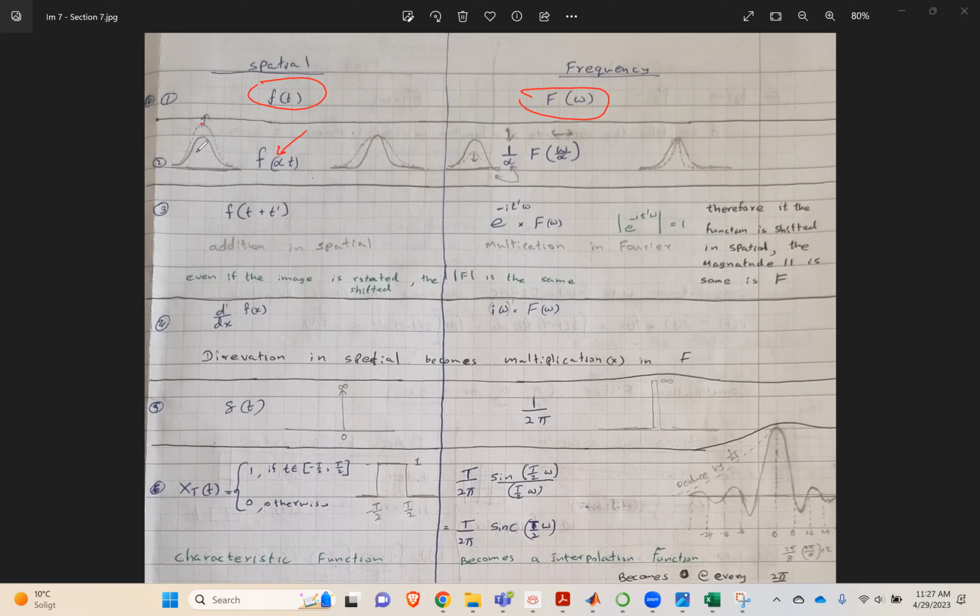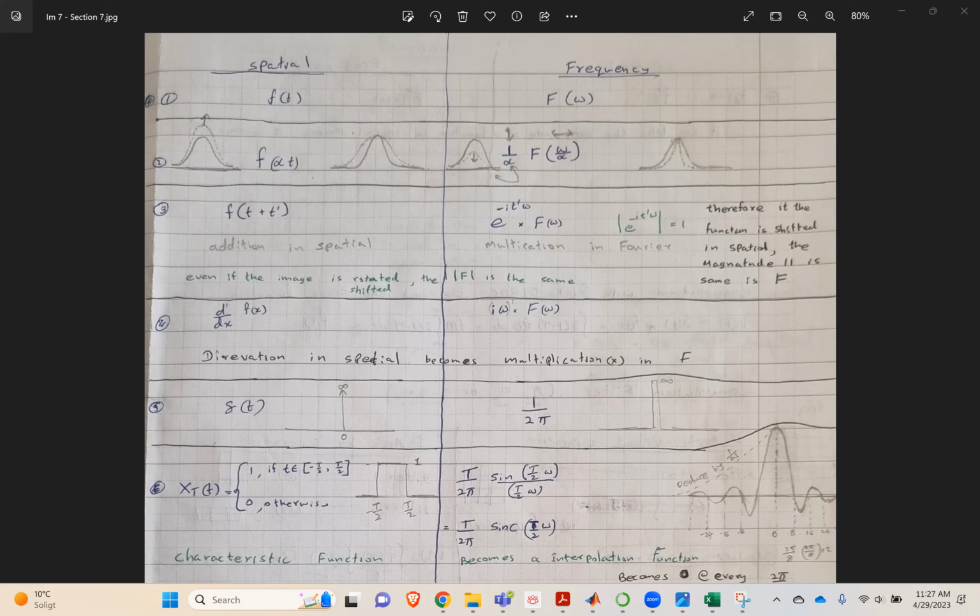So if you make the function bigger in this domain, in the other domain it becomes smaller. This is the main thing. In this domain, if you shrink it, in the other domain it becomes bigger. So all the changes are inverted. Is it understood?